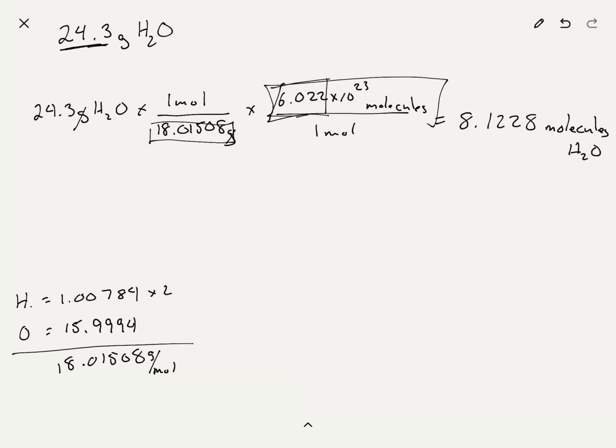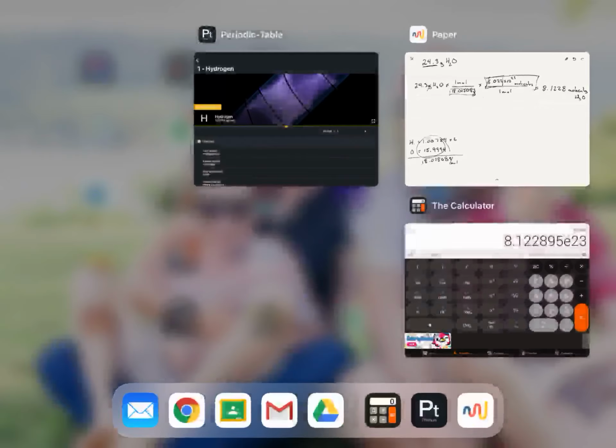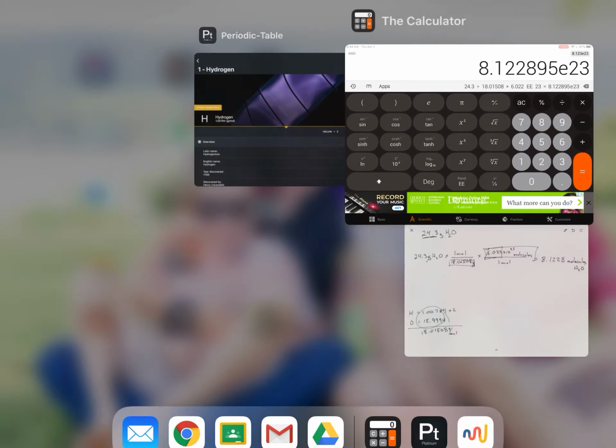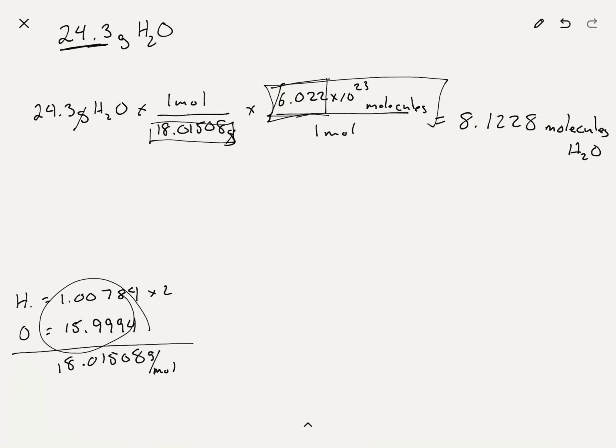Go back to our problem. We had 24.3, 3 significant figures. Avogadro's number in this class will always have 4. Our molar mass all had greater than 3, so we need to round this. Oh, I forgot the times 10 to the whatever. Times 10 to the 23rd molecules of H2O.